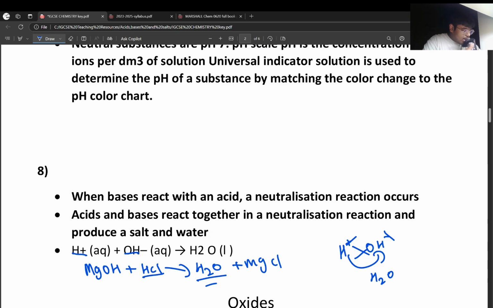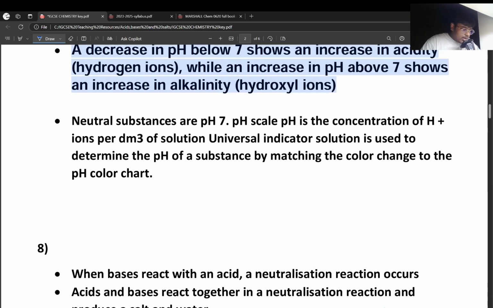Hydrochloric acid is a strong acid, and ethanoic acid is a weak acid. Why ethanoic acid is a weak acid, we'll see in the chapter of organic chemistry. It will not be tested right now, but you just need to know it's a weak acid, and the equations are given in the checklist.